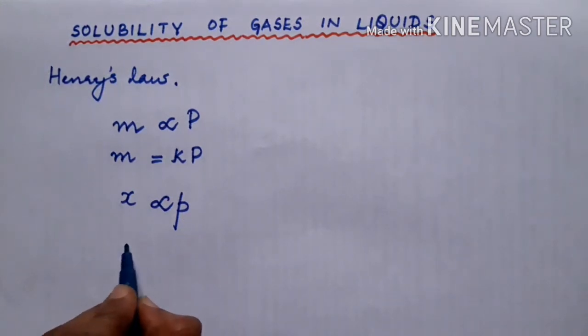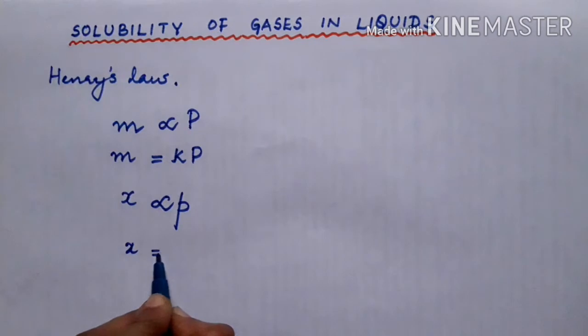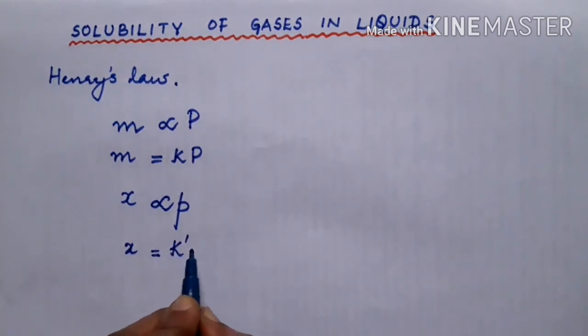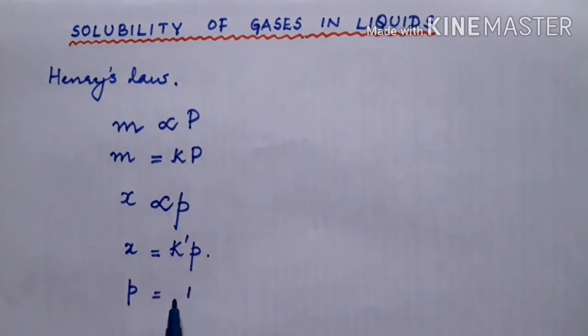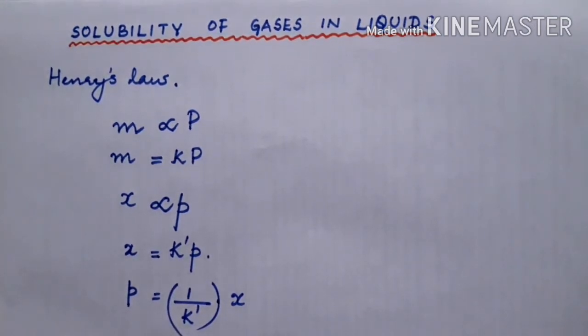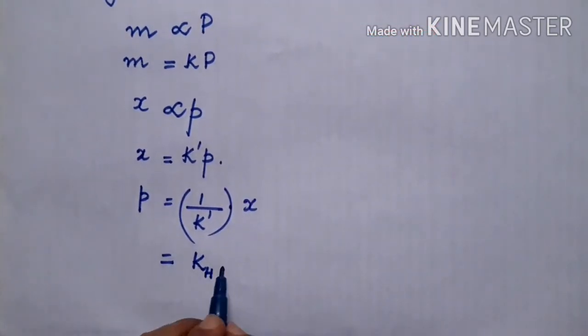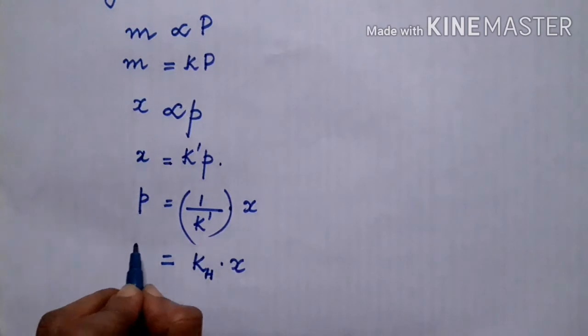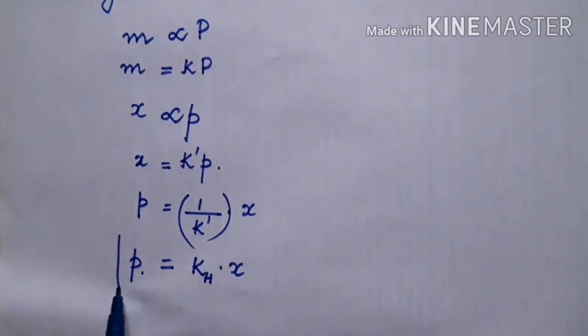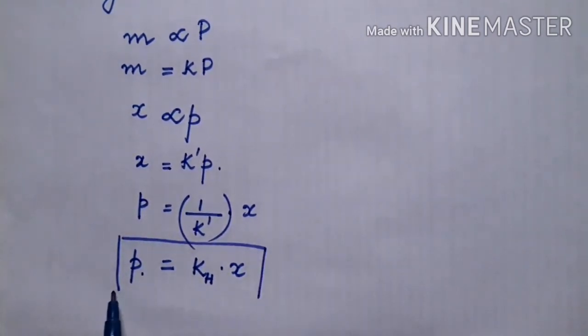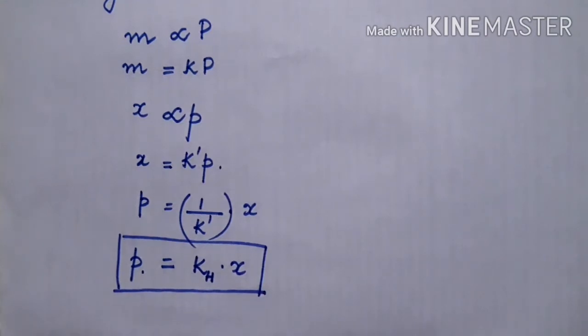That is, X is equal to K' P, or P is equal to 1 by K' into X. 1 by K' is given the symbol KH, so P is equal to KH into X, where X represents the mole fraction and P is the partial pressure.